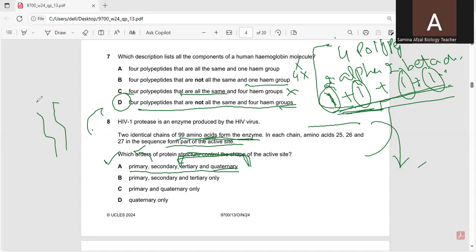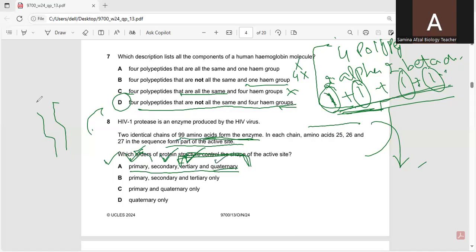So these four different types of protein structure give different shapes to the proteins. Alpha helices or beta pleated sheets in the secondary, the primary chain, and in this way tertiary, the three-dimensional shape. And in the quaternary stage, proteins have more than one polypeptide chain, or four polypeptides, for which I have also given question number 7's example.